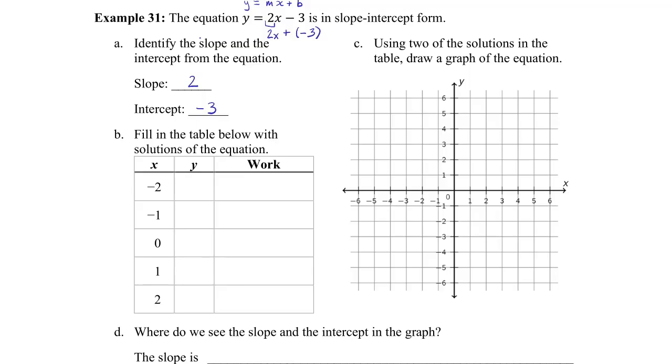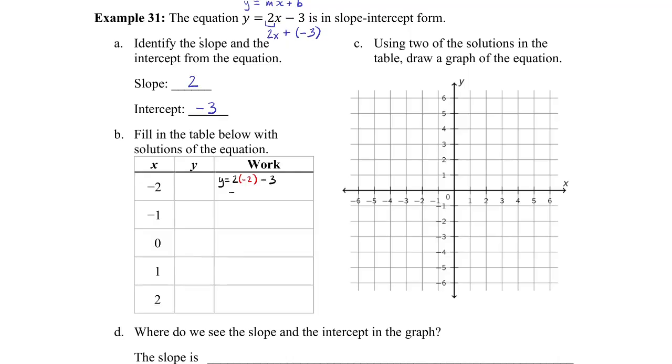One really immediate advantage of the slope-intercept form is if we plug in values for x, we can really easily find the values of y. Because this equation is in the form y equals stuff with an x in it. So if we plug in a value of x, say x is negative 2, then y is going to equal 2 times negative 2 minus 3.